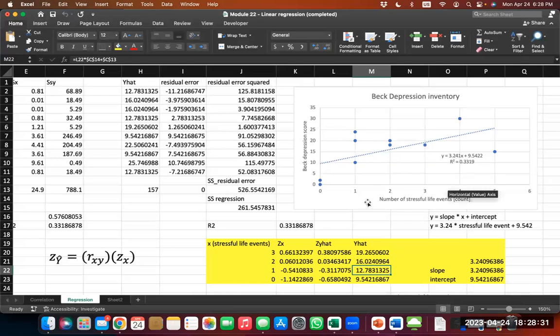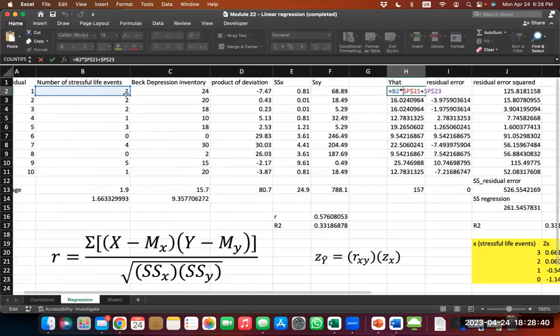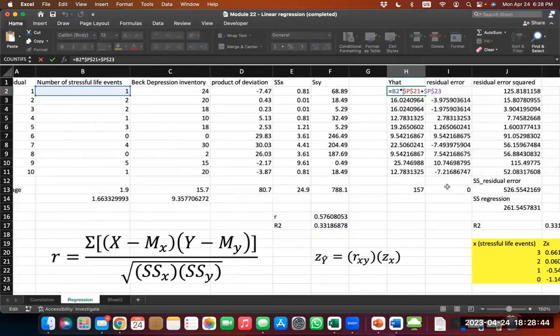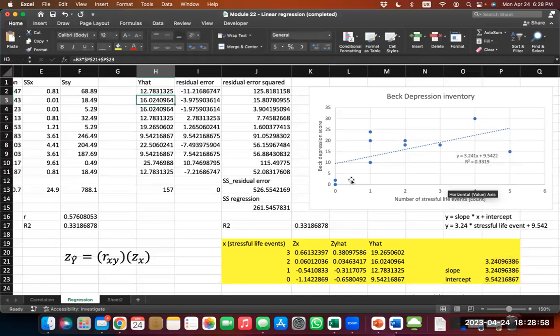So that's our slope. Then we utilize these two variables to essentially calculate our y hat for each of our individuals. We calculate the y hat by multiplying the stressful life events of each individual with the slope, and then add the intercept. That gets us the respective estimate y hat.